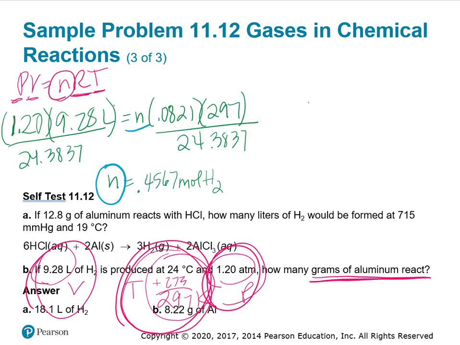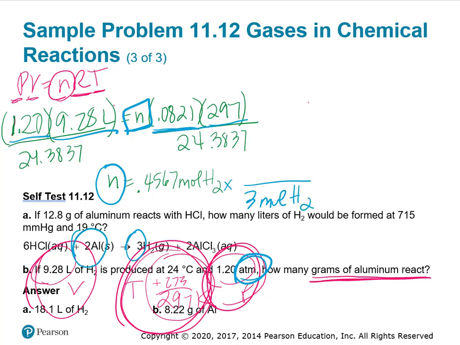I solved for n, which is moles of hydrogen gas, given the pressure, the volume, the temperature of the hydrogen gas, and the R constant that has atmospheres in it, since that was our pressure value. Now that I have moles of hydrogen gas, I can look at my balanced equation and say, for 3 moles of hydrogen gas, there's 2 moles of aluminum used.